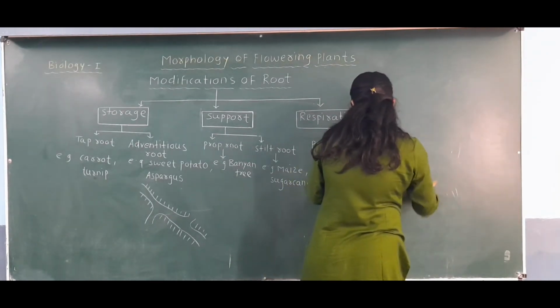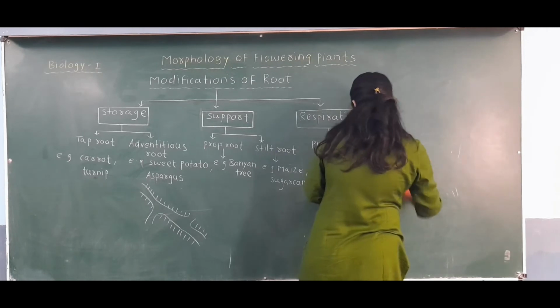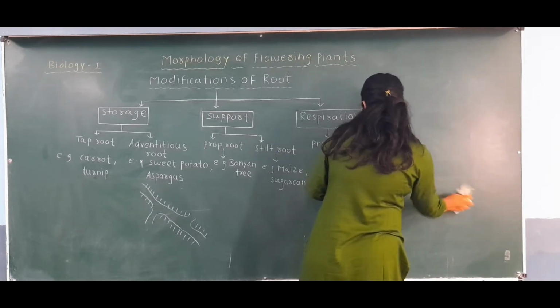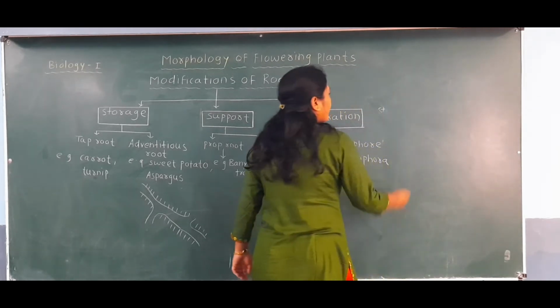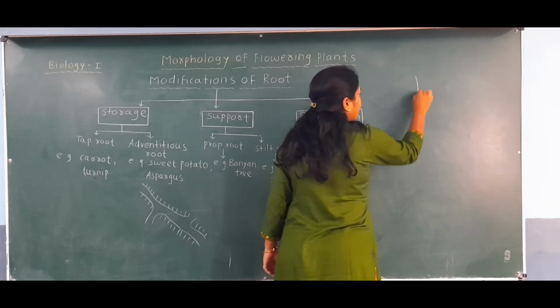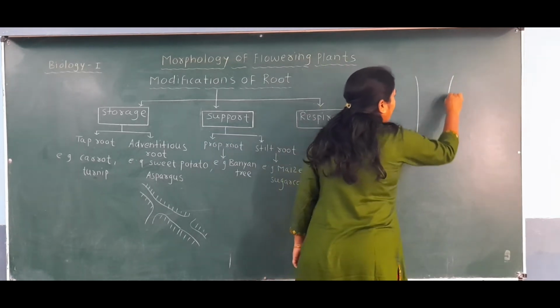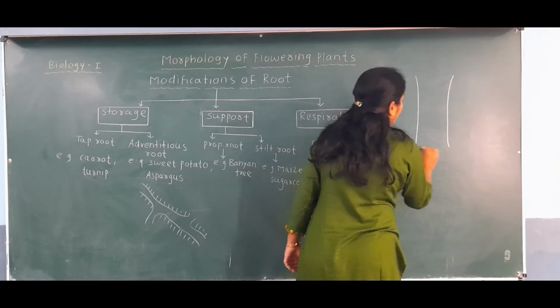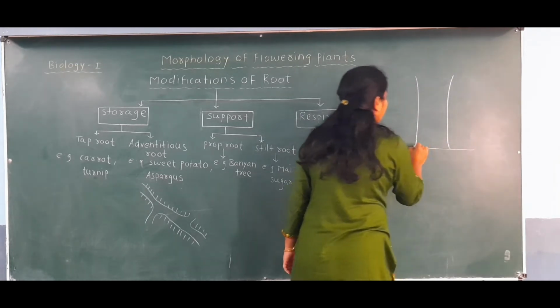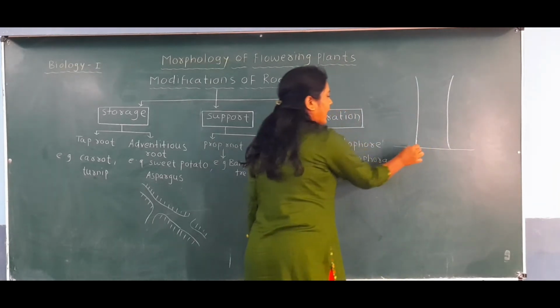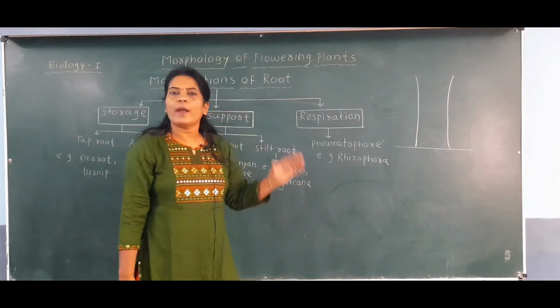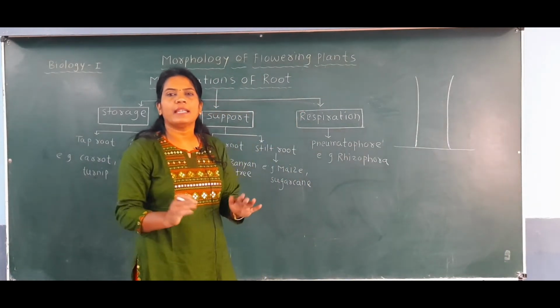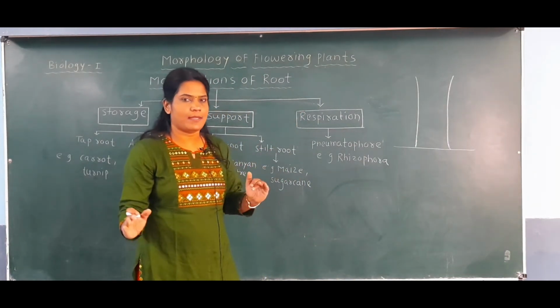So here you can observe that, suppose this is the plant. The first thing we have to see is that this pneumatophore root is present in swampy areas.